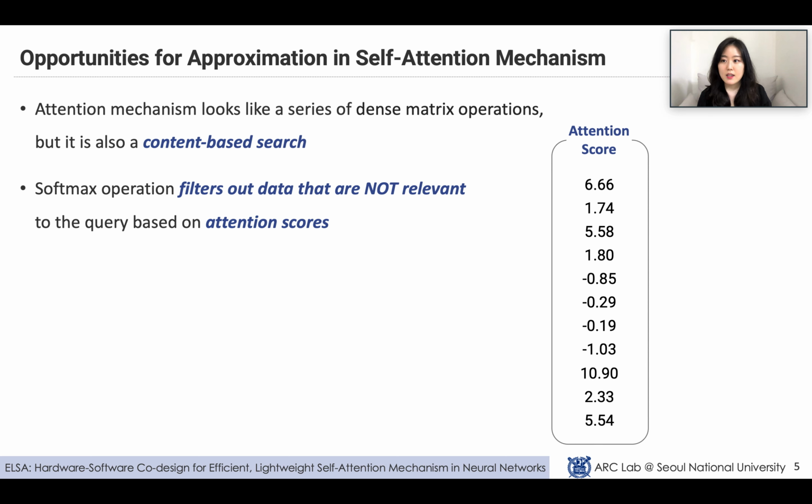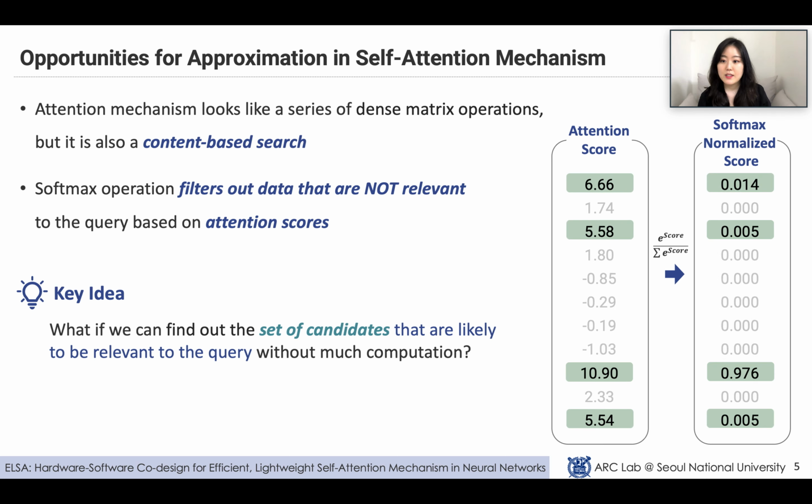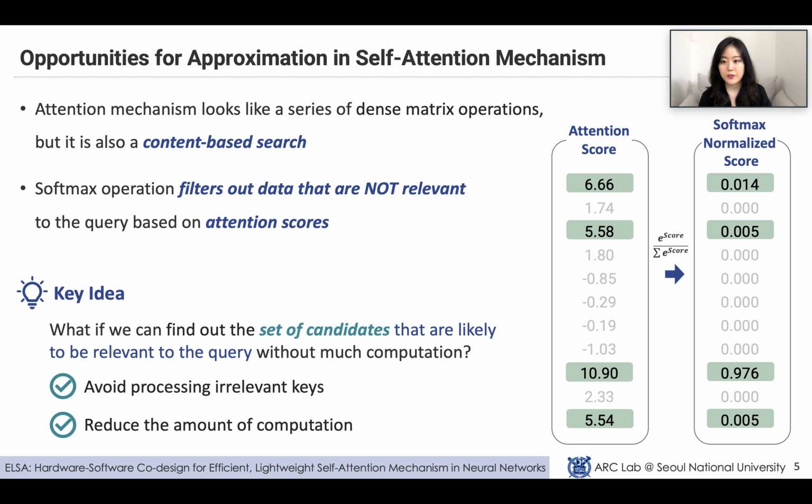As you can see in the slide, most scores, excluding the largest score of 10.9, are mapped to 0 or near 0 values. Based on this characteristic, our work presents a way to approximate the self-attention mechanism. By finding the set of candidates that are likely to be relevant to the query with little computation, we can avoid processing irrelevant keys and reduce the amount of computation. We find that this approximation results in significant improvements in performance and energy efficiency.